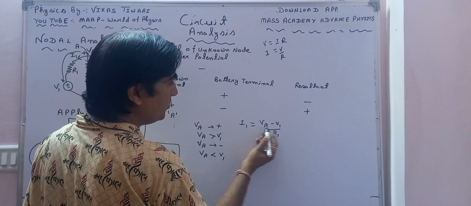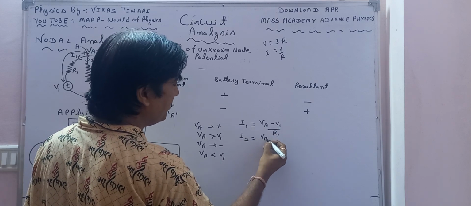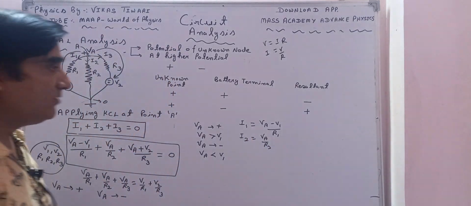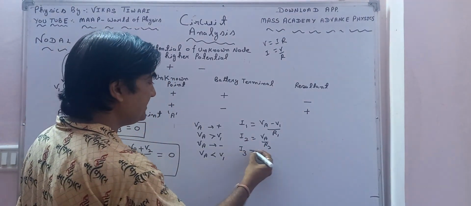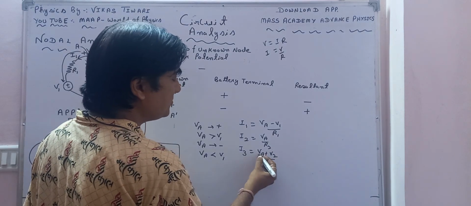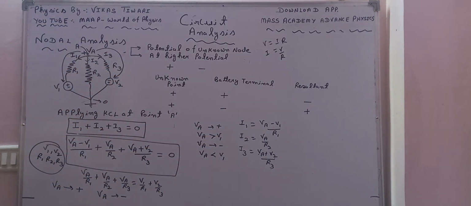Now VA is known, V1 is known, R1 is also known. I2 is equal to VA upon R2. VA is already known, so we can find I2. And I3 is equal to VA plus V2 upon R3. Now VA is known, V2 is already known, so we can find the current in each branch.